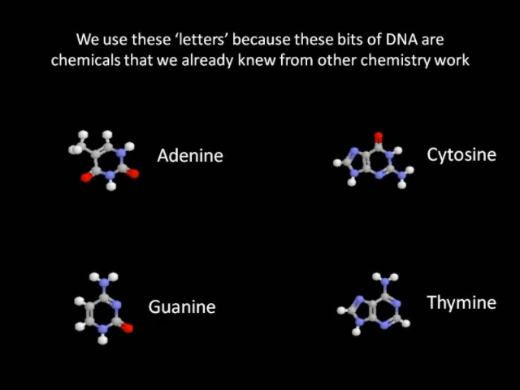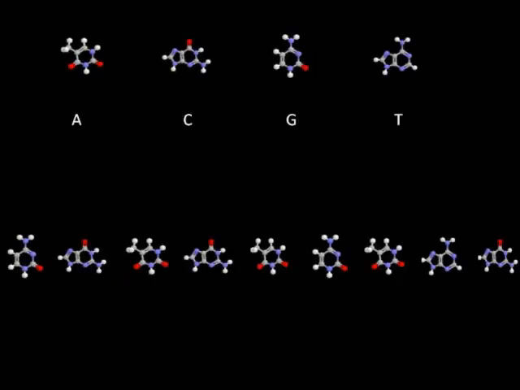So when they identified them within DNA, they said, yes, okay, we know these molecules. These are adenine, cytosine, guanine, and thymine. And they gave them letters to simplify things, A, C, G, and T. They are the only molecules within that central part of the DNA, and they are the four bases from which the code is entirely made.